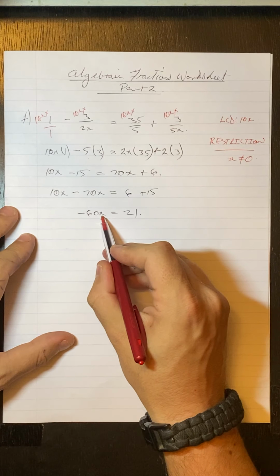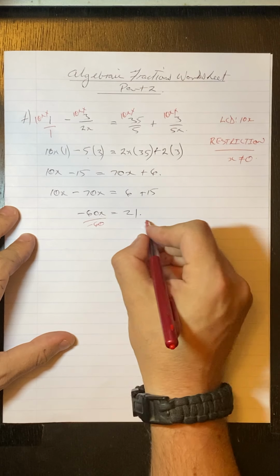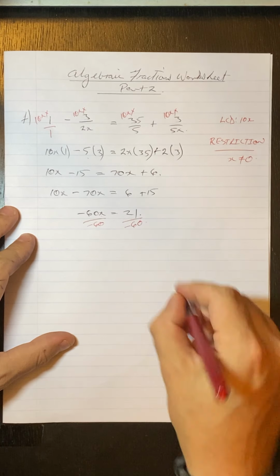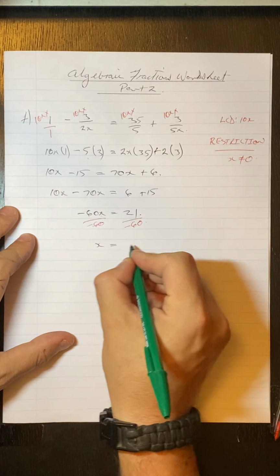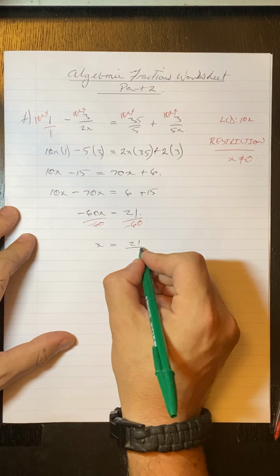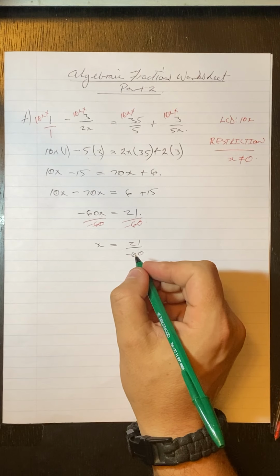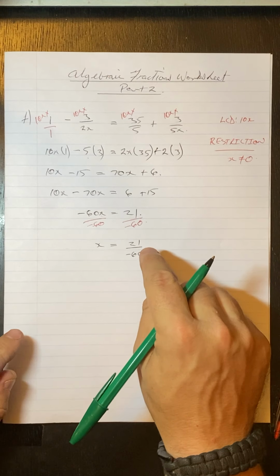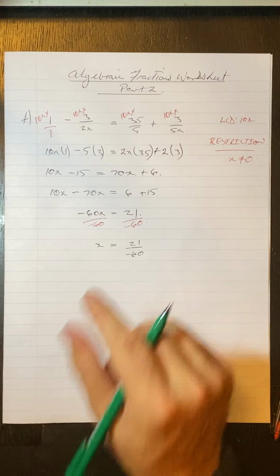We want to get the x on its own, so we need to divide by minus 60. What I do to this side, I do to this side. Those will cancel, and you're left with x is equal to 21 over minus 60. But now, we just need to simplify this further, grade 9s.